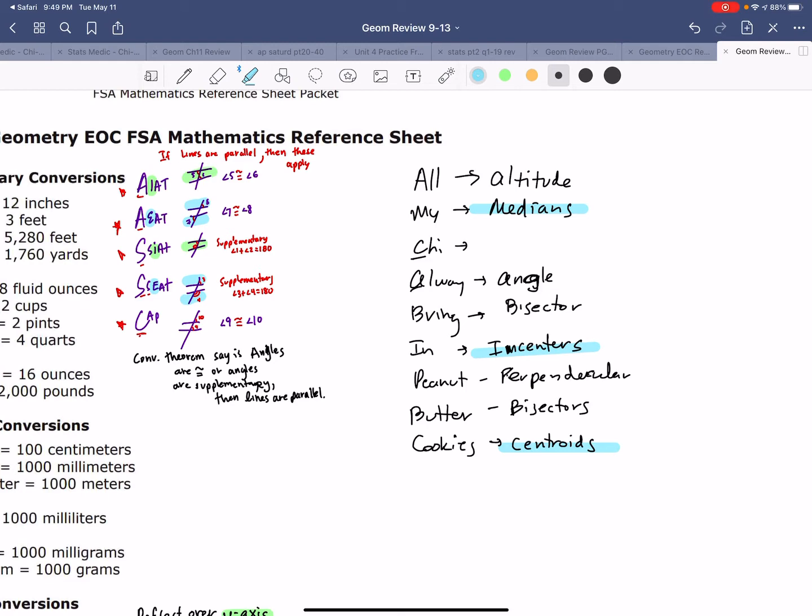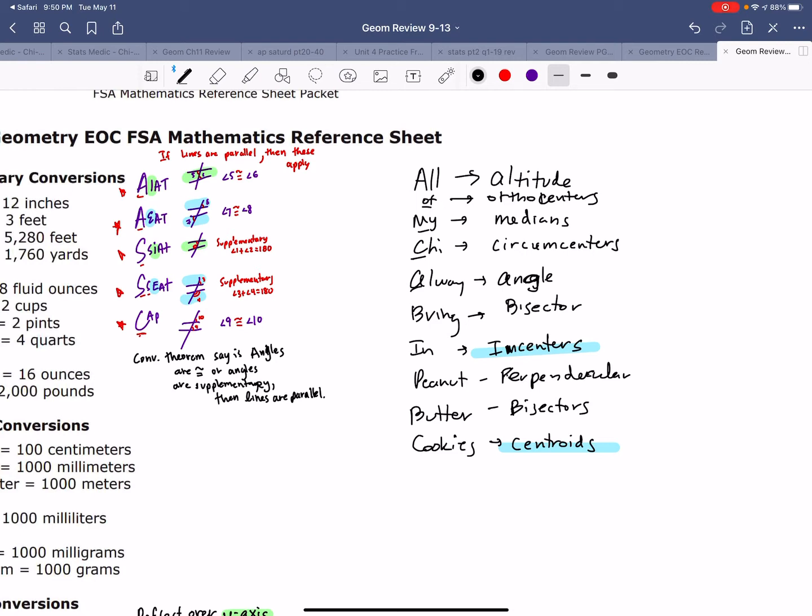There's one I'm missing, so there's something wrong with my memory tool. I've forgotten one item in my memory tool. Oh, all of my children. Yes, okay, all of my children. Let's stick an 'of' in there. Altitudes make orthocenters. Okay, that makes so much more sense. Orthocenters. And then medians make circumcenters.